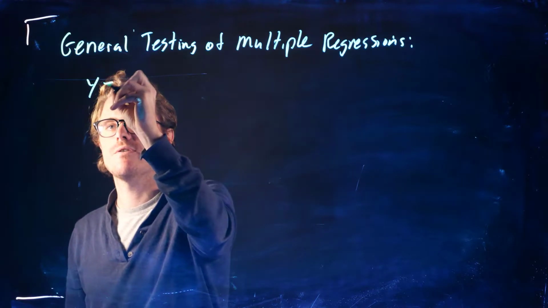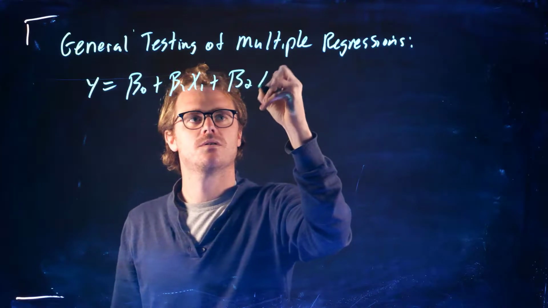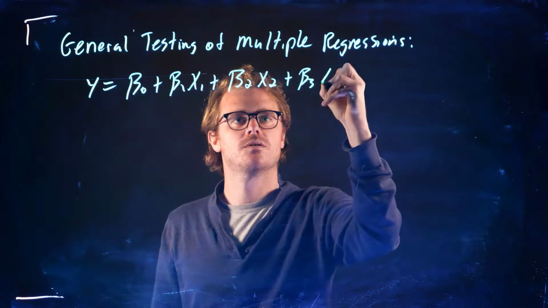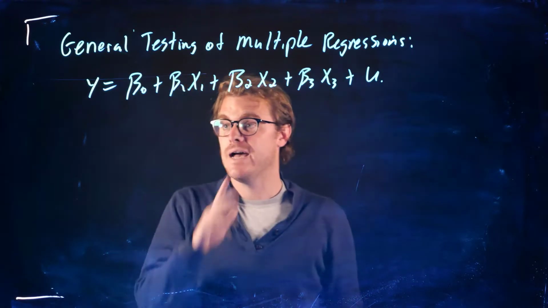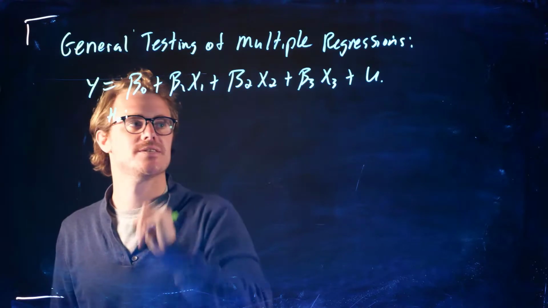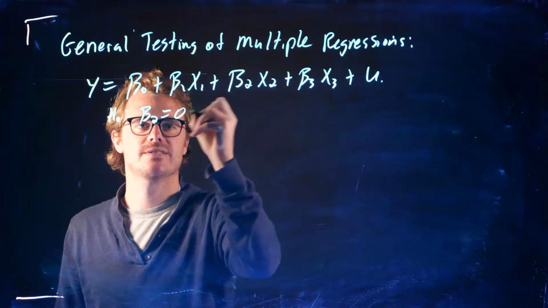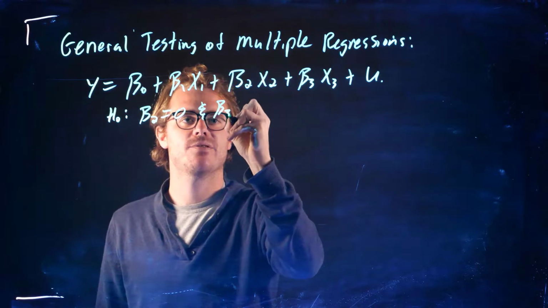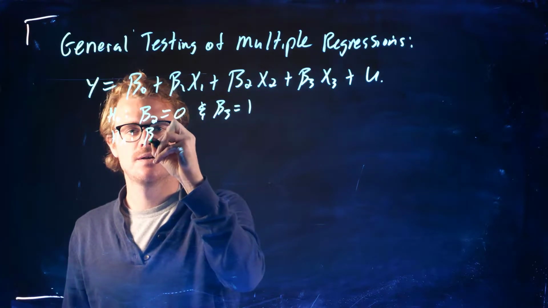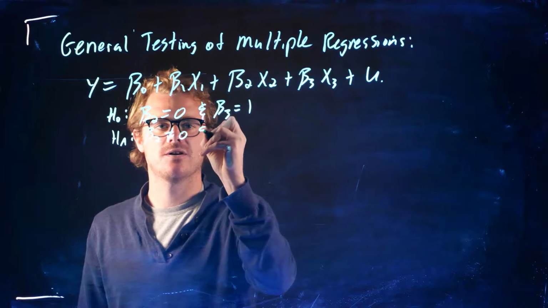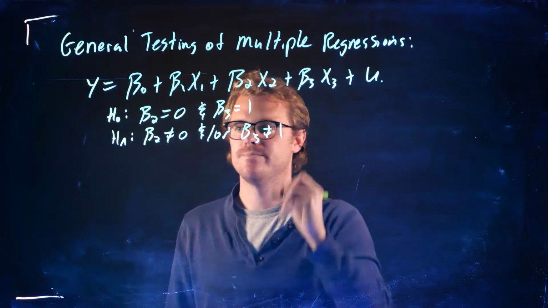So let's say we have this regression that looks like this. And let's say the null hypothesis, for whatever reason we want to test, is that beta 2 equals 0 and beta 3 equals 1, which means our alternative is that beta 2 doesn't equal 0 and/or beta 3 doesn't equal 1.